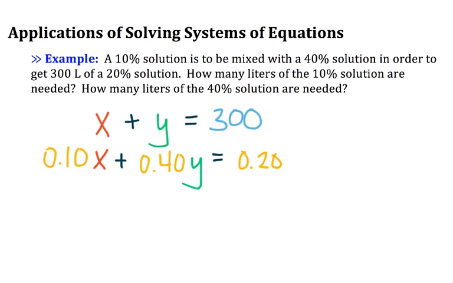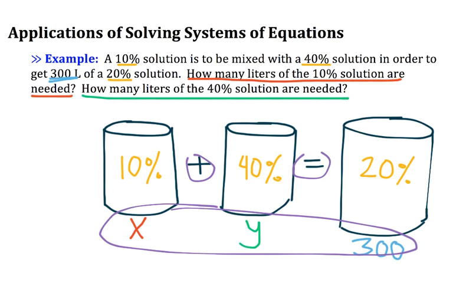Volume was, again, 300. Okay, so there's our system of equations for this application. So back to our diagram, the first equation I just took the easy stuff along the bottom from the volume. The second equation we're really involving the percentage of the solutions.